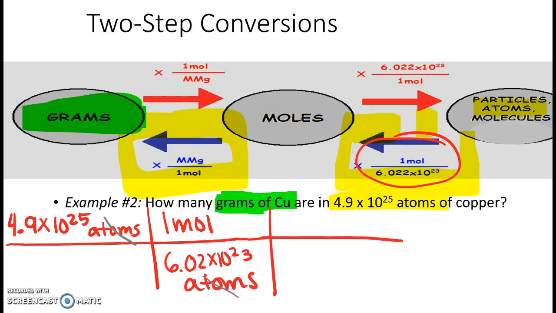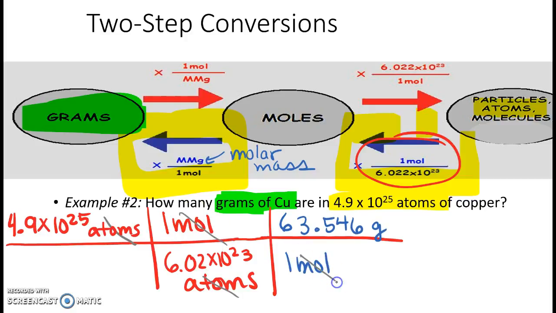And then next step, we're going to have the molar mass in grams, that's what mmg there stands for, in the numerator divided by 1 mole. So molar mass of copper, look that up on the periodic table, it is 63.546 grams. And then it's over 1 mole. So we can see that the moles cancel out, and we're left with grams.